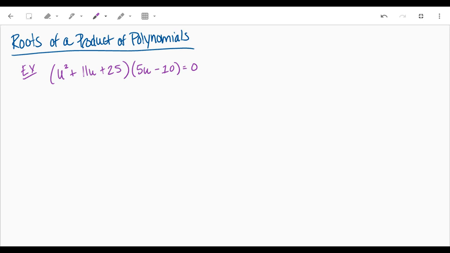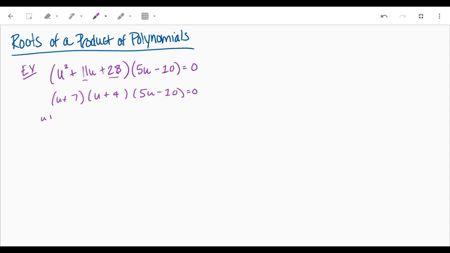The only thing that's going to change is that first, oops, I put 25 instead of 28. That first polynomial is a quadratic that can still be factored more. So if you think about two numbers that multiply to be 28 and add to be 11, so if we do 7 and 4, we're just going to have 3 solutions instead of 2.